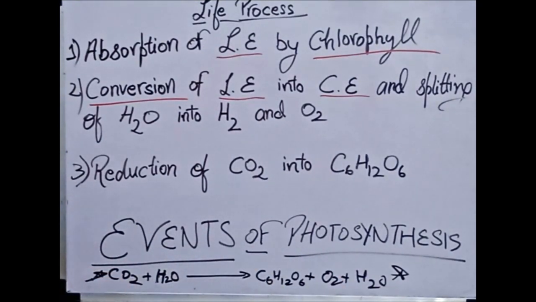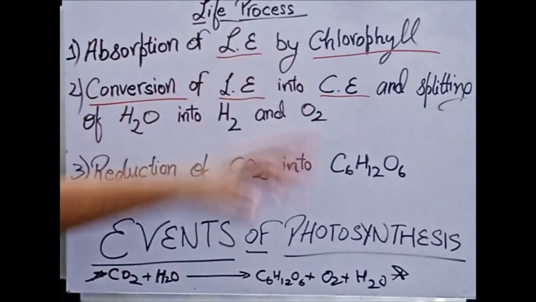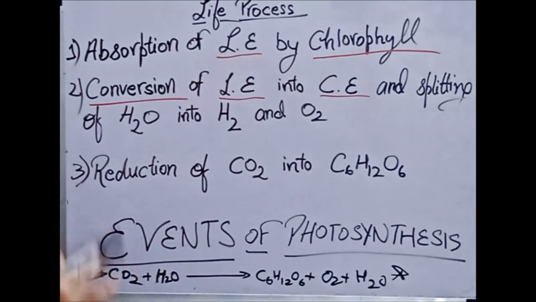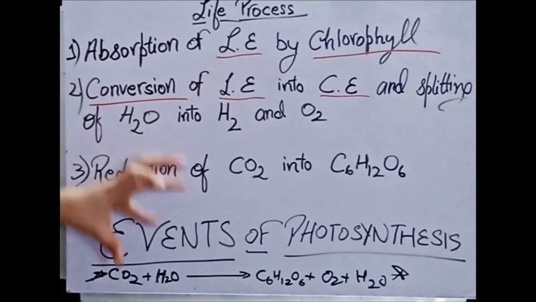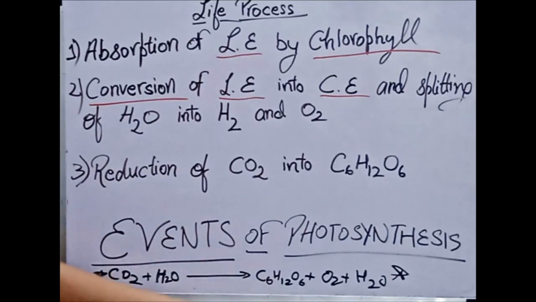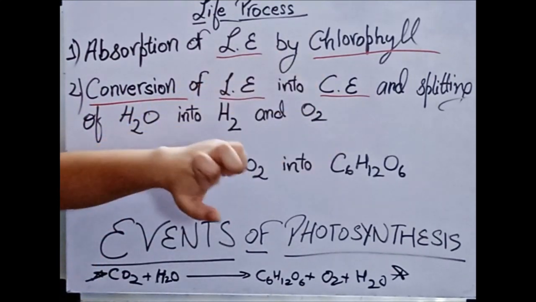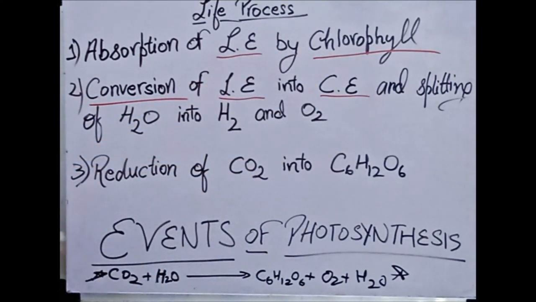You must learn it. And in here, this sunlight, when absorbed by chlorophyll, gives a kick for the chemical change of water and carbon dioxide to form your glucose, oxygen and water. Basically, we can see that this is a conversion of light energy into chemical energy. And splitting of H2O.